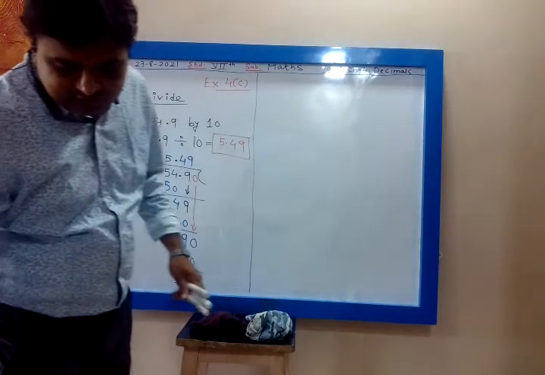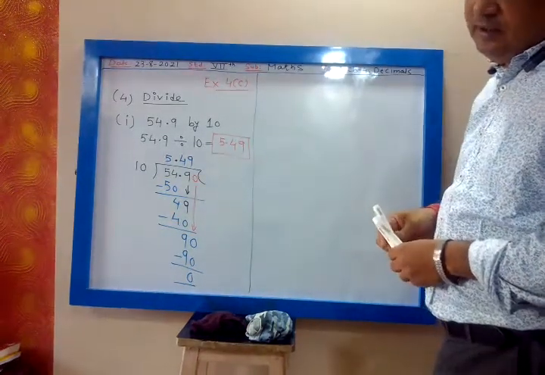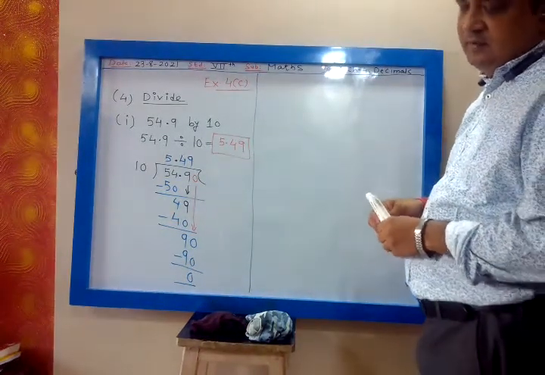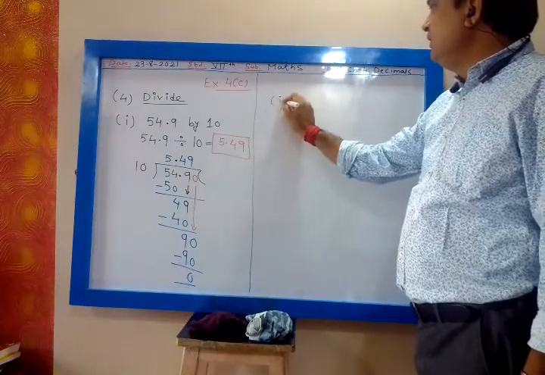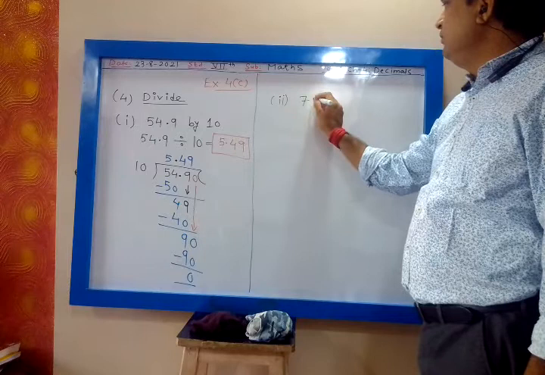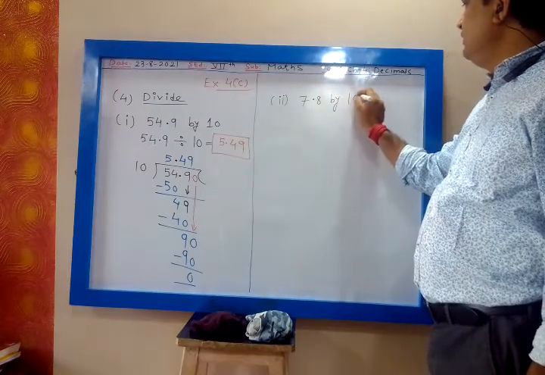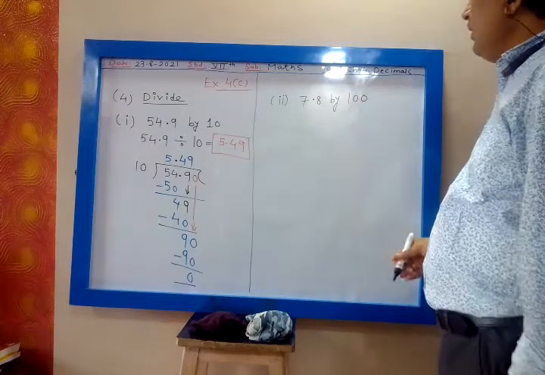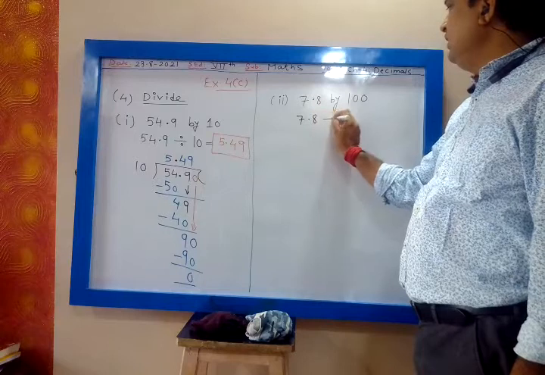Now let us see. 7.8 by 100. 7.8 by 100. Okay. So this is 7.8 divided by 100.